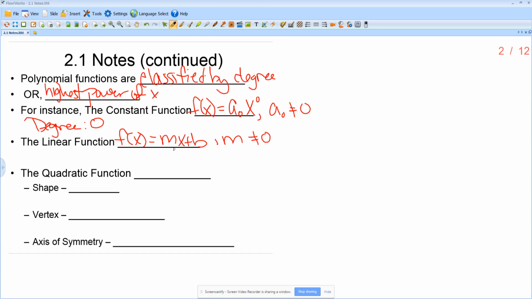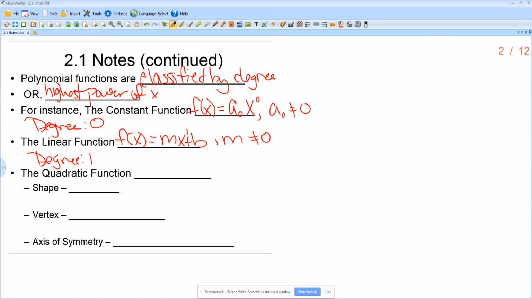If m were 0, we would have a 0 for this whole term, and it wouldn't be a linear function, it would be a constant function, because you'd just have f of x equals some number. The degree here would be equal to 1, because that's the highest power of x. Here, my highest power of x was 0.